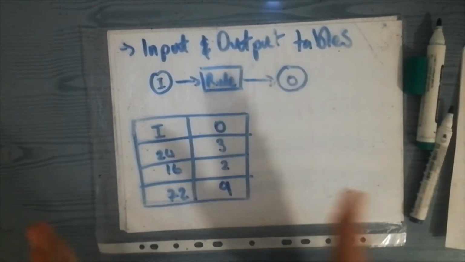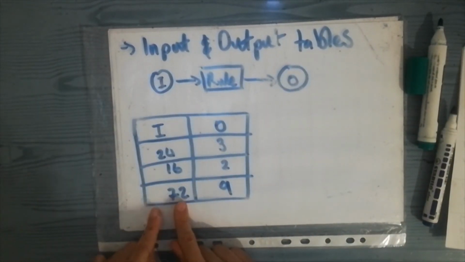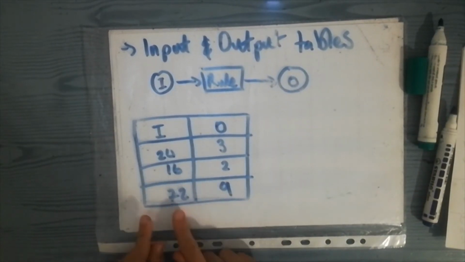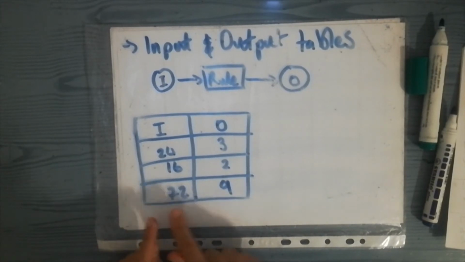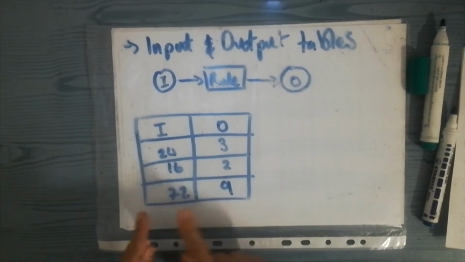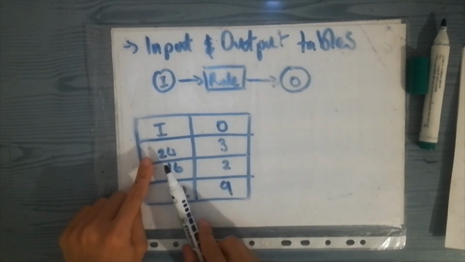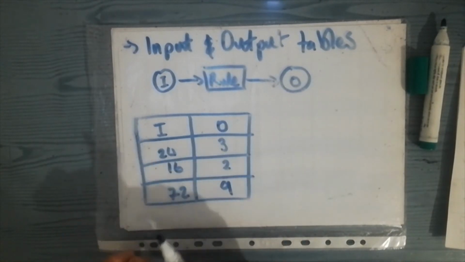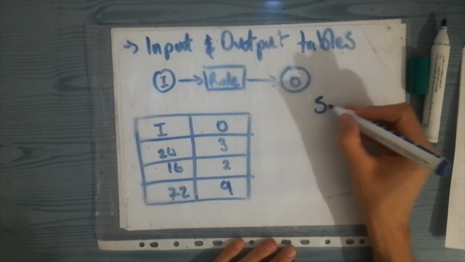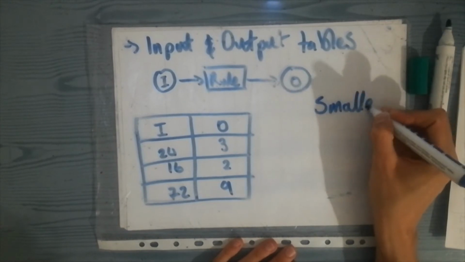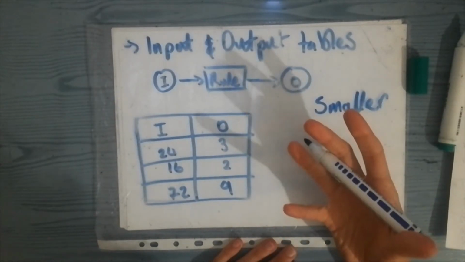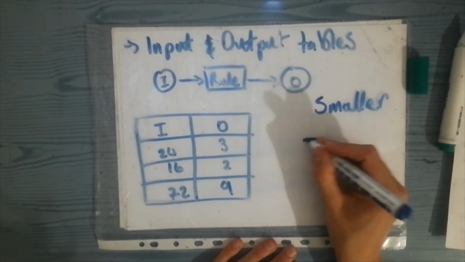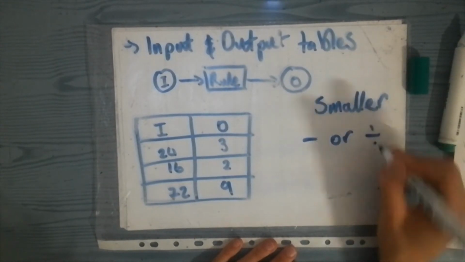So what is happening from the input to the output? What's happening to the numbers? Are they getting bigger or are they getting smaller? If you compare the numbers 24 and 3, they are definitely getting smaller. So for the rule, it can either be a minus or a division.